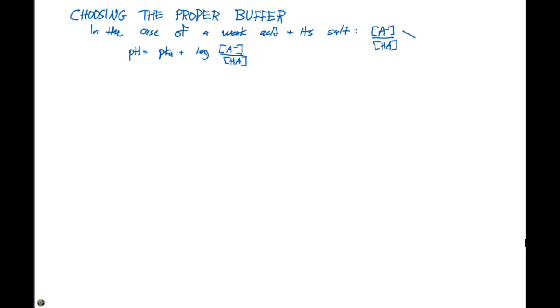So if we look at these two concentrations of A- over HA, the buffer has its maximum capacity when these values are large and equal.